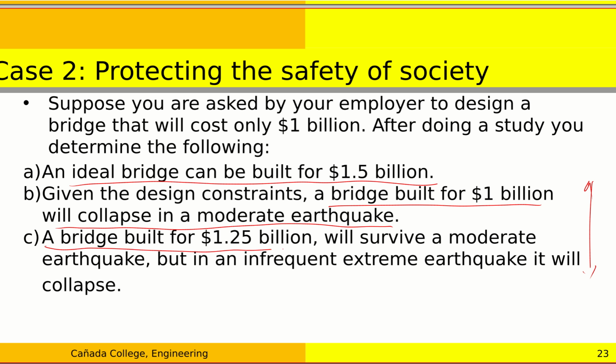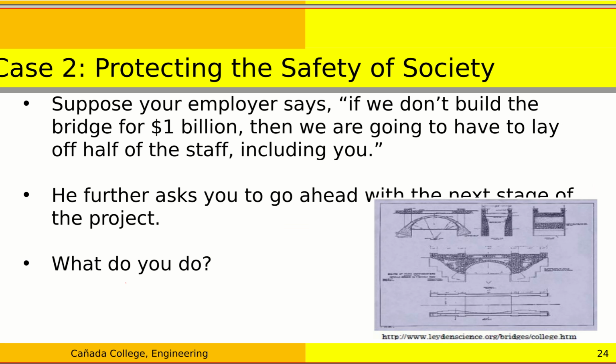And if you spend 1.25 billion, it can survive a moderate earthquake, but in an extreme but infrequent earthquake it will collapse. Okay. So your employer is telling you that you have to build it for $1 billion, otherwise you're going to lose your job, and so will a lot of the other people in the company. And so he asks you to go ahead with the next stage of the project. And again, you are here now and you're trying to figure out what you should do.